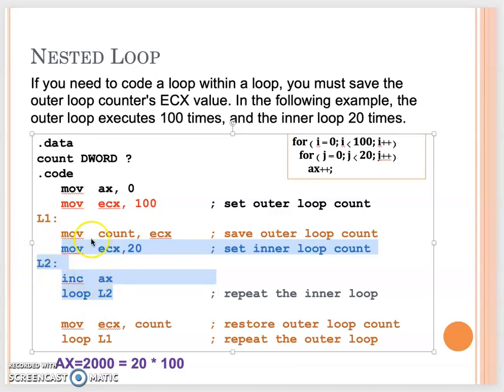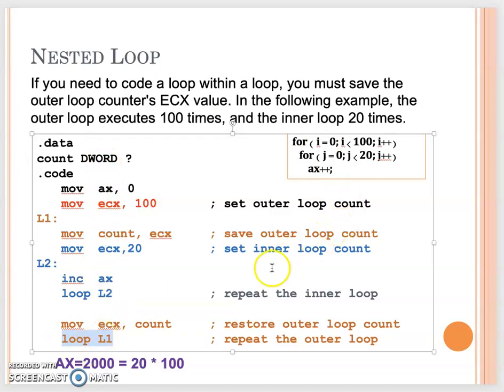So after I do the 20 times, AX becomes 20, right? So then you see my outer loop will almost finish. But when my outer loop finishes, I need to have the correct ECX value. So that's why here my ECX needs to be restored from the count. So then now, before I jump, I will be using the correct corresponding ECX for the outer loop. So before I check, should I jump or not?